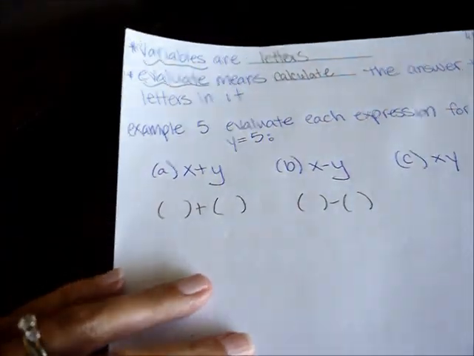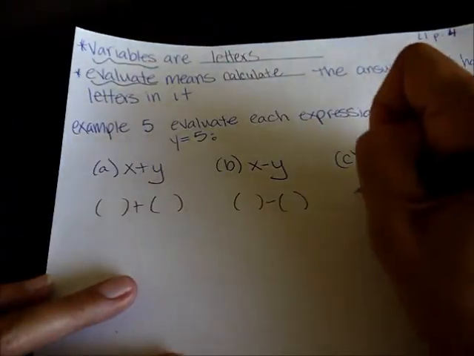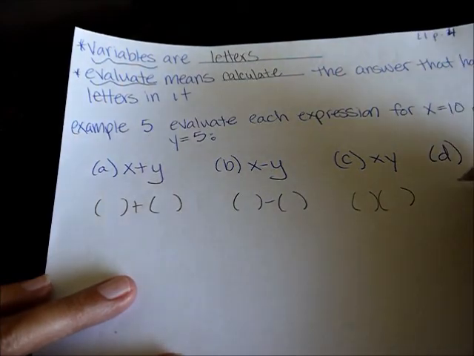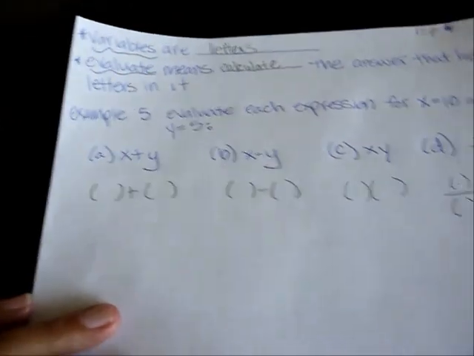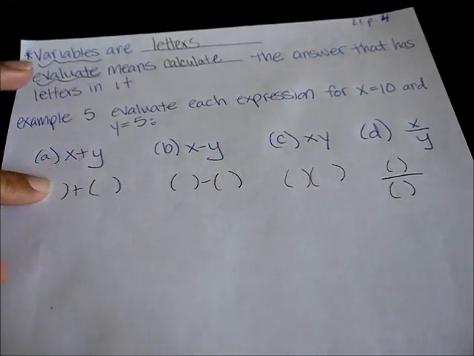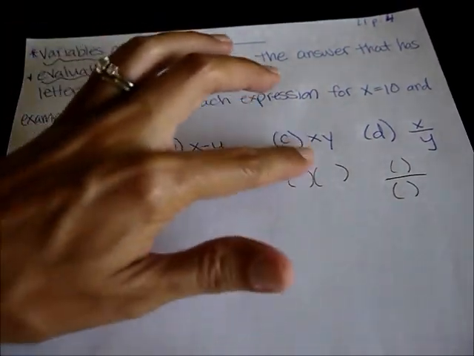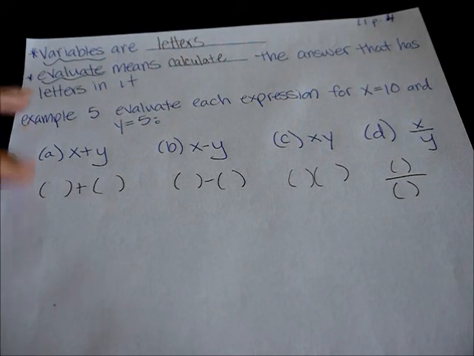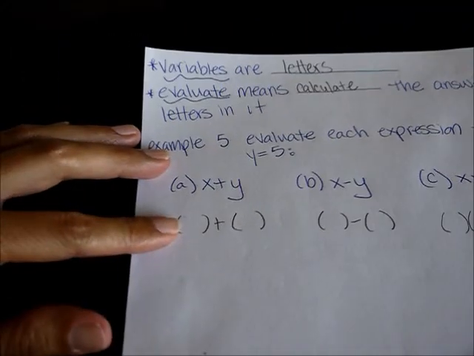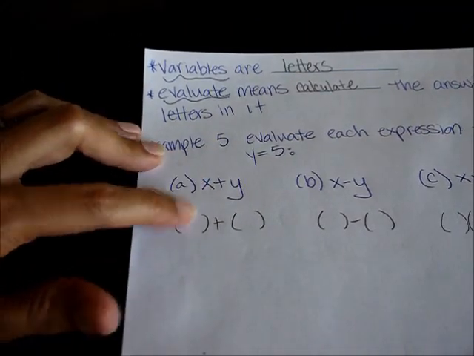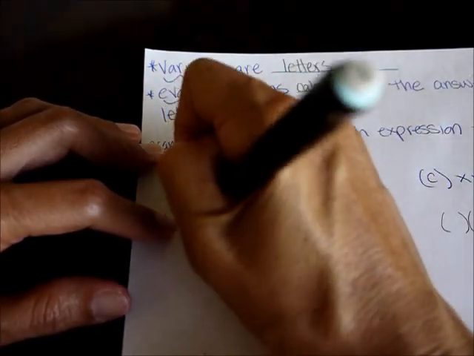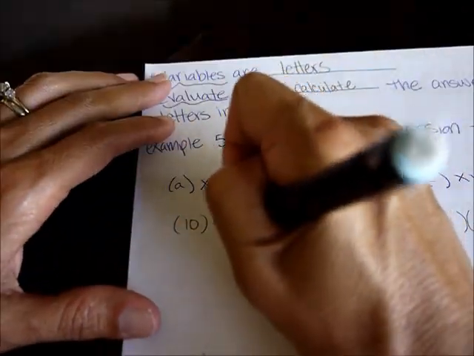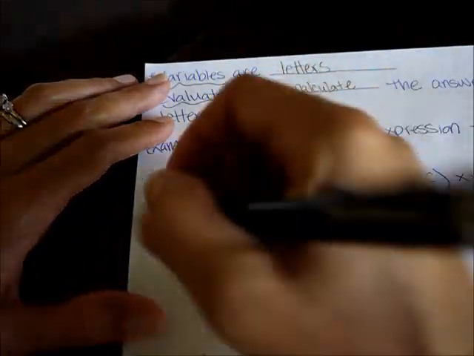And you'll see why. It will make it so much easier when these get more complicated this year. Okay, you see I have all those parentheses. I just took out the letter and put an empty parenthesis. Okay, and it says when x is 10. All right, so we put a 10 in this parenthesis and a 5 in this one. Okay, and then we calculate.